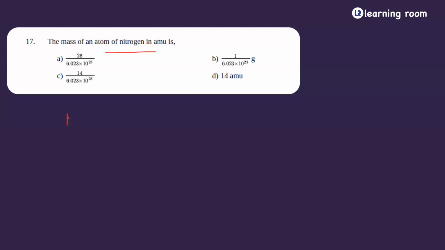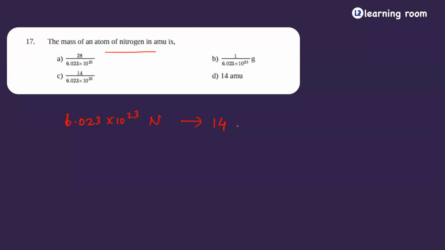What is the mass of 1 mole, that is, 6.023 into 10 to the power of 23 nitrogen atoms? 14. What is the unit? 14 AMU? No. For 6.023 into 10 to the power of 23 nitrogen atoms, what will be the mass?